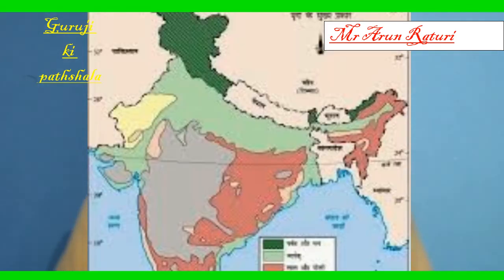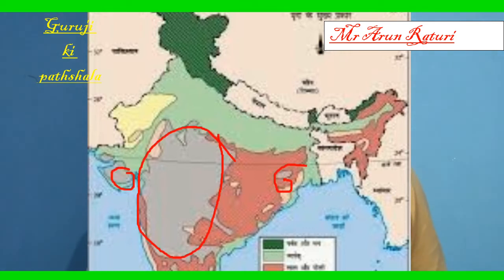Another soil is black soil. And black soil, as you know, according to its name, its color is black. Because of the ashes of some volcanic activity, the ashes deposit on the surface of the land, and because of that, the color of the soil is black. And in India, in Gujarat, some parts of Maharashtra, some parts of Madhya Pradesh, we have this black soil.